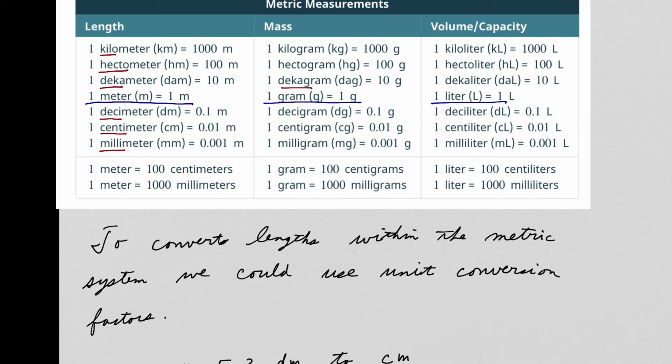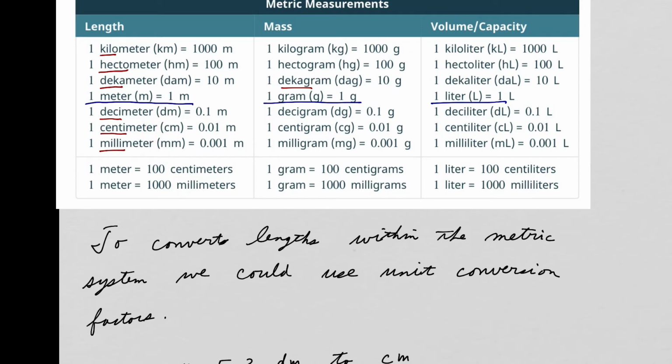Okay, so if we look in our table here, see how a decimeter is 10 times as large as a centimeter? Remember, a centimeter is 1/100th of a meter, a decimeter is 1/10 of a meter. So a decimeter is 10 times as large as a centimeter.